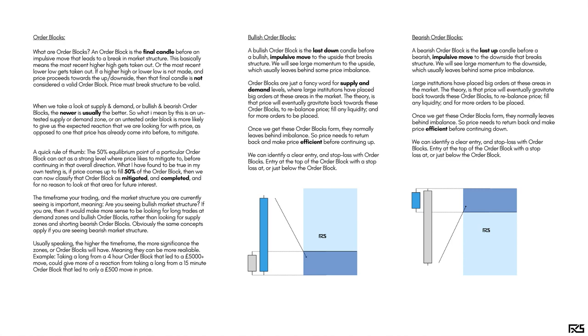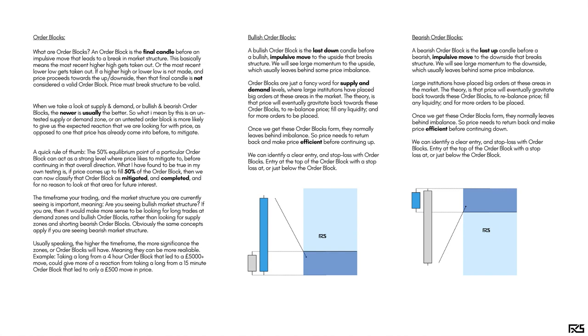Now a quick rule of thumb: the 50% equilibrium point of a particular order block can act as a strong level where price likes to mitigate to before continuing in that overall direction. So basically the halfway point of that order block. What I've found to be true in my own testing is if price comes up to fill 50% of the order block, then we can classify that as mitigated, meaning it's completed and there's not much reason to look at that area for future interest.